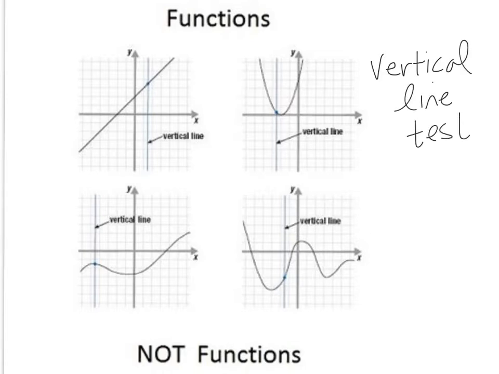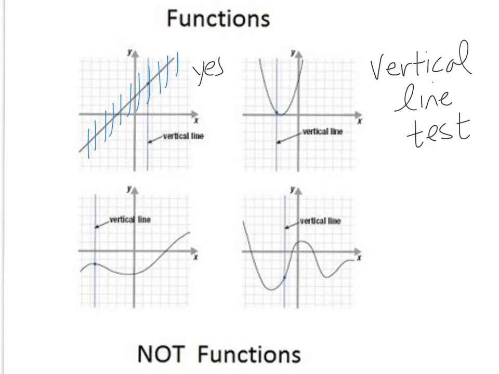So in a vertical line test, what you do is you look at the relation, and if you drew an infinite number of vertical lines, would those vertical lines ever cross this twice? It doesn't. So this one is yes, a function.